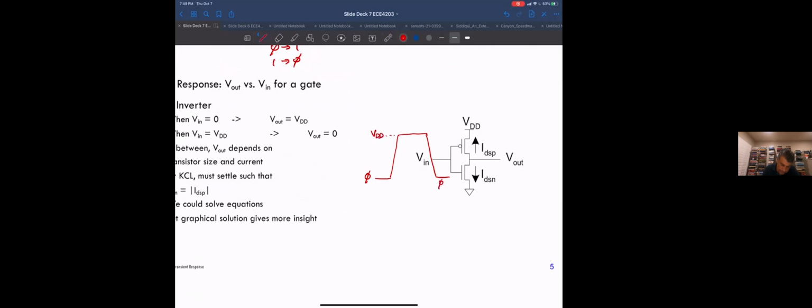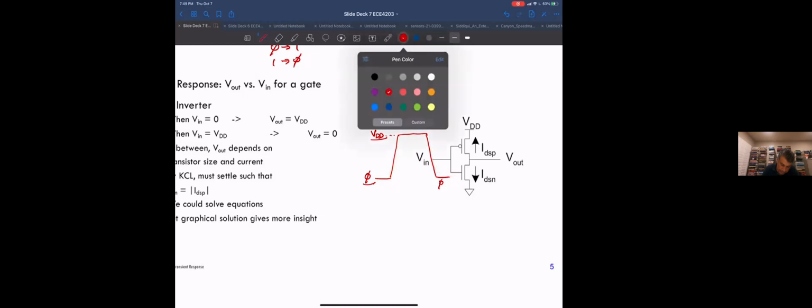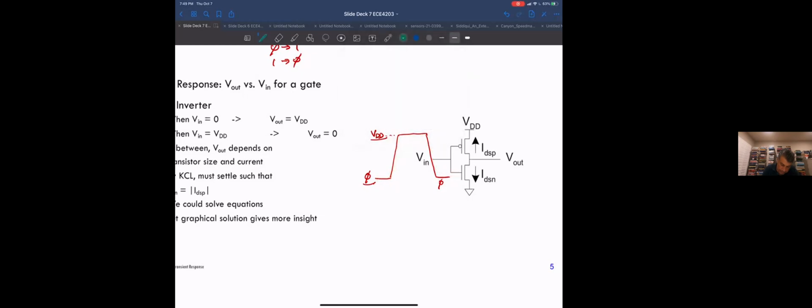So logic level high is VDD, logic level low is 0. Let's just look at the NMOS transistor. When this is happening, the output is doing the reverse. So if you plot this output, it's doing this. By the way, this is time.